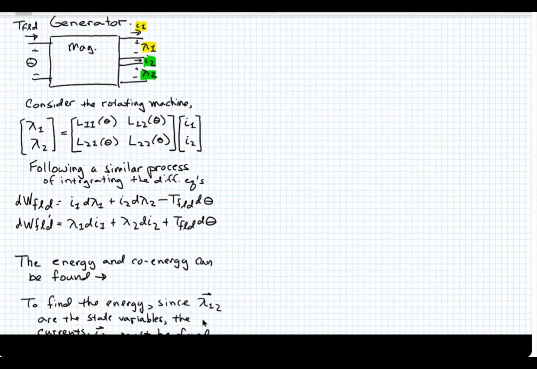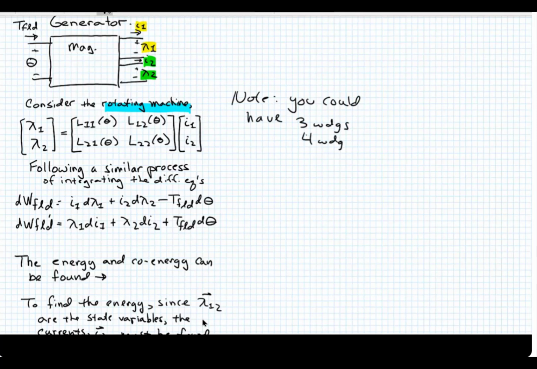Now, how you look at these machines, and I want to just think about rotating machines right now, is in terms of this expression here, this matrix. This has just got 2 windings. Note, you could have 3 windings. You could have 4 windings.